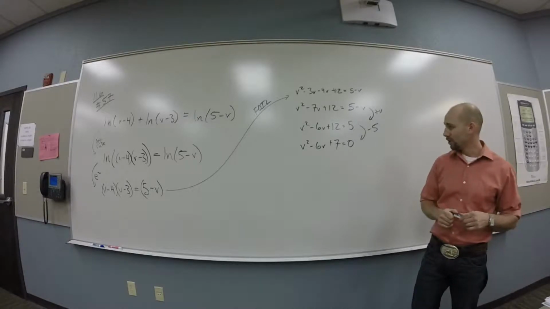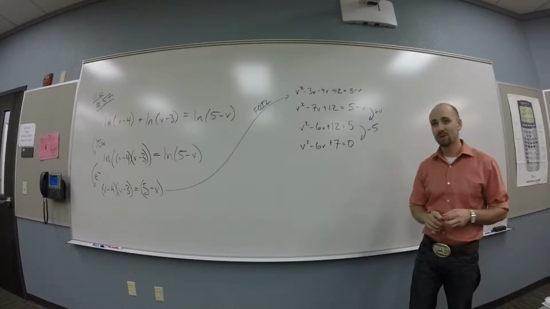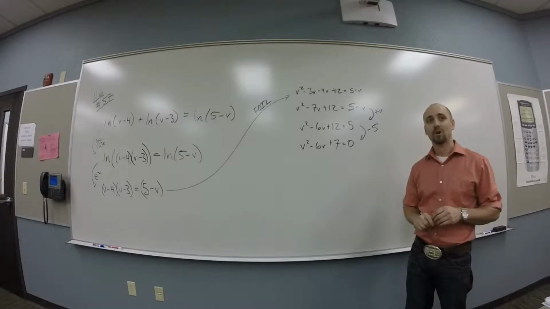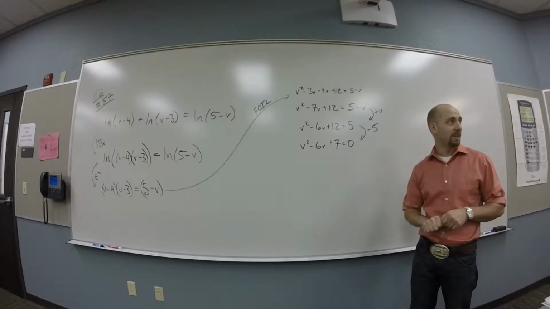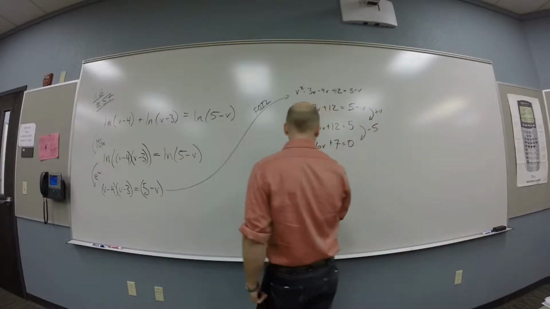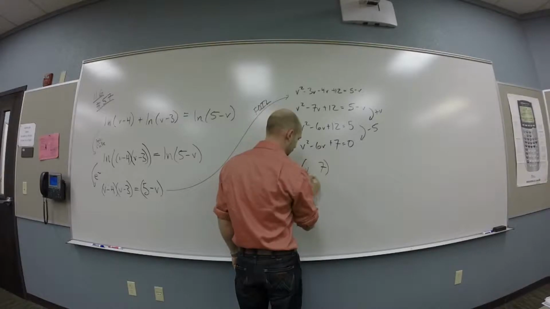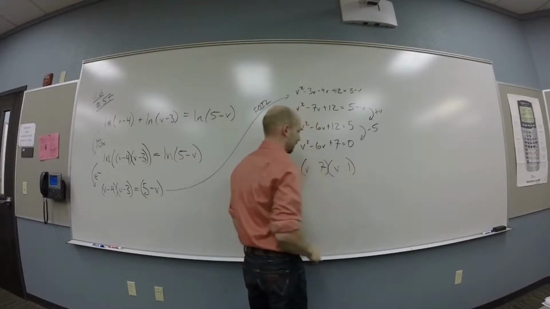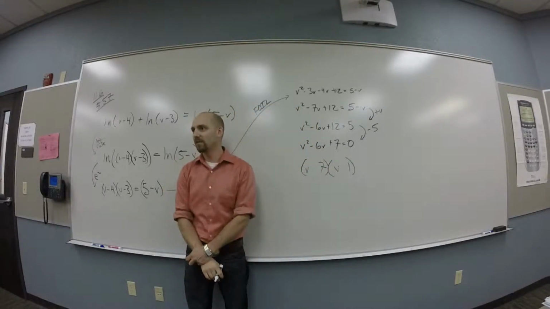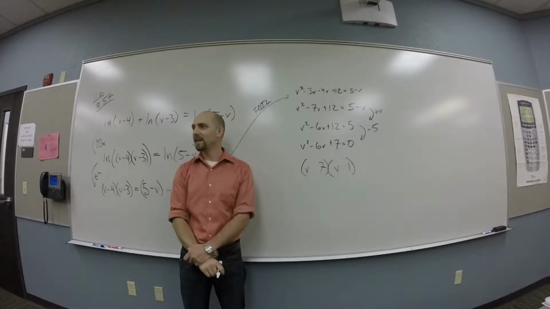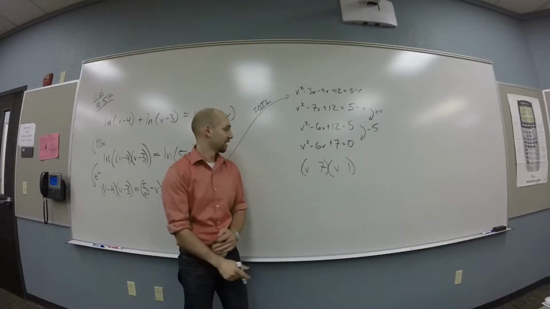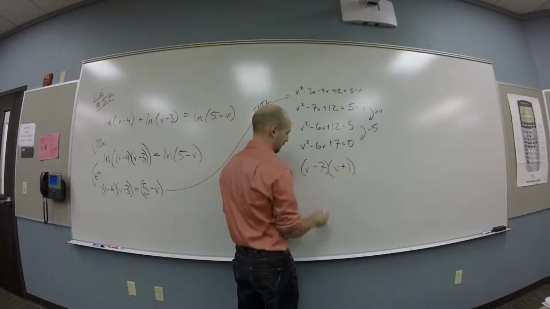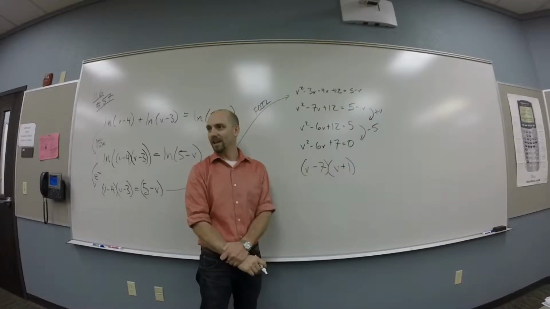So what do I try? I need two numbers that multiply to 7 and add to negative 6. You can't do that. I'd like to say it's v with a 7 and v with a 1. I need negative 6, right? But that multiplies to be negative 7, not positive 7.